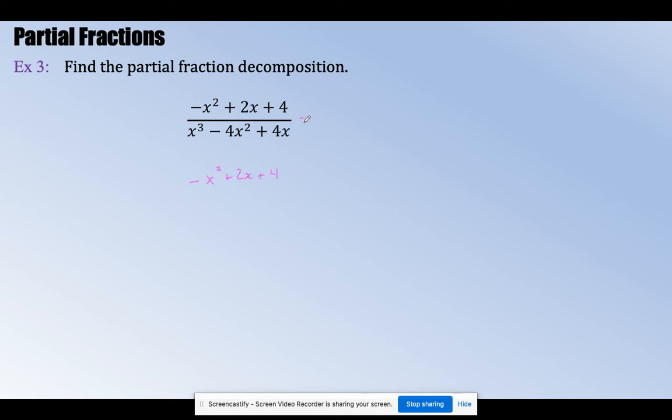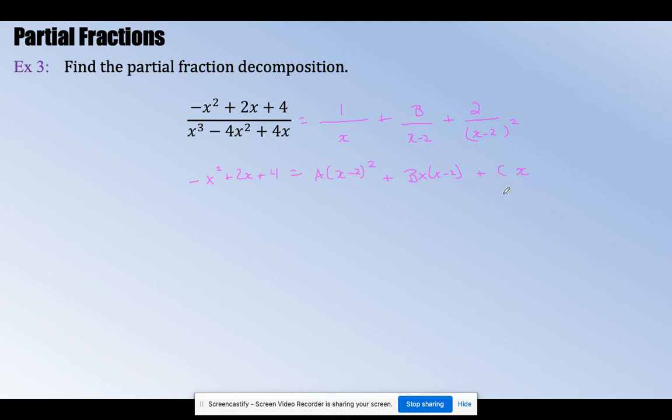Now remember, I did find my A. I don't know my B, but I did find my C. So remember, I had A times x minus 2 squared plus Bx times x minus 2 plus Cx.